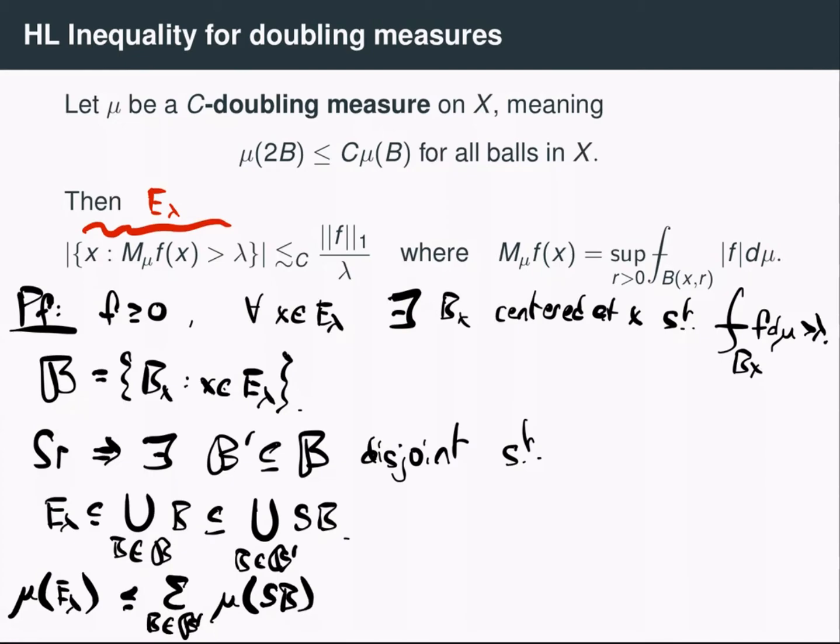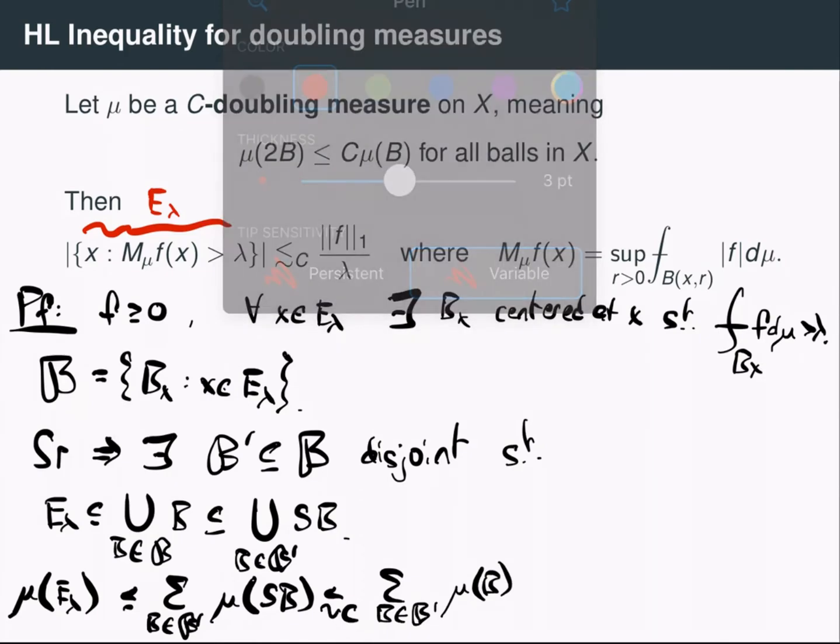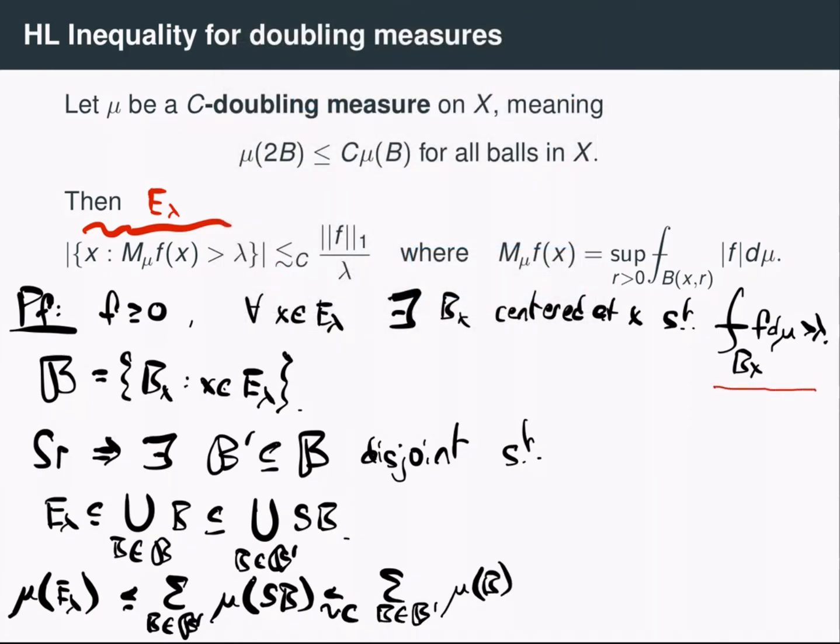And now by the doubling property, notice that the doubling property is for double balls. However, you can show that it implies a similar inequality if I look at 5b instead of 2b. So it implies that there's some constant depending on the doubling constant C, so that the measure of 5b is at most constant times the measure of B. Now, recall from up here, each ball in the collection B, and hence every ball in the collection B prime, satisfies this inequality.